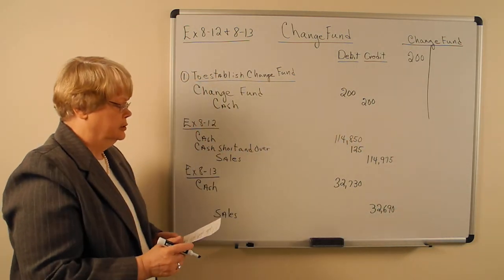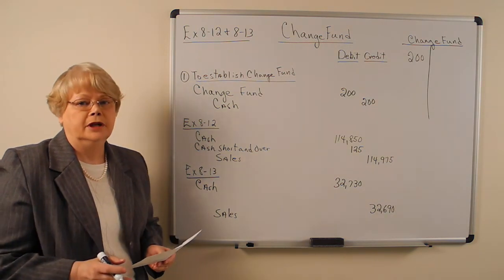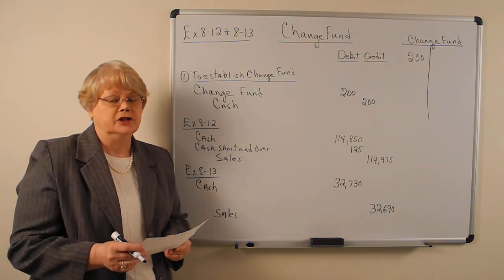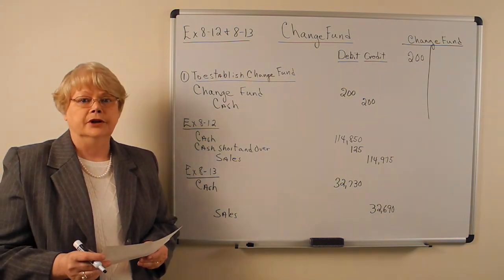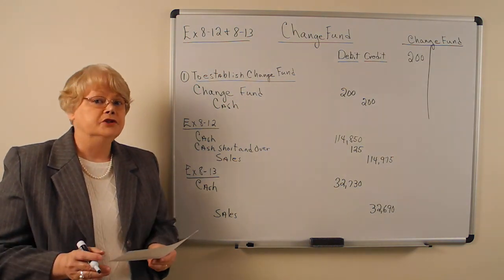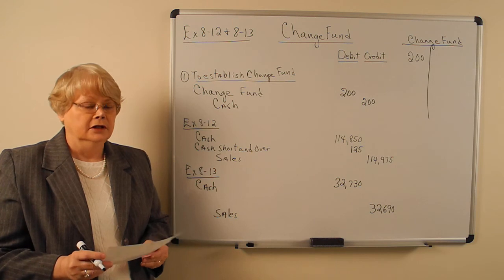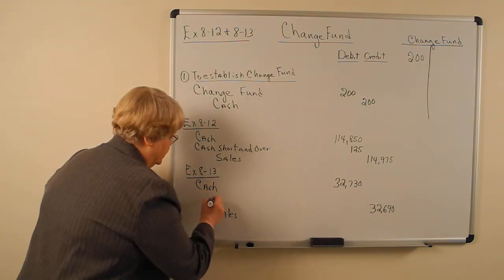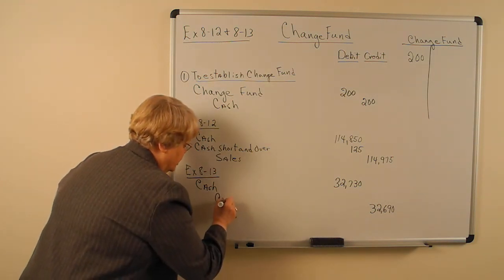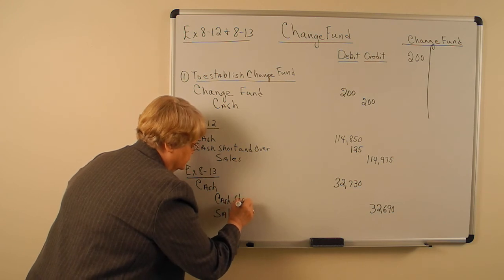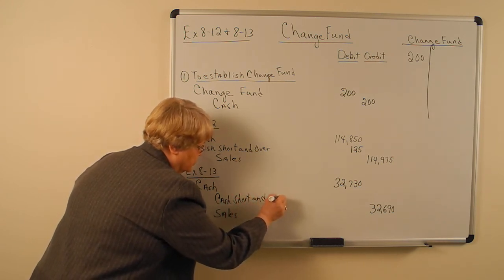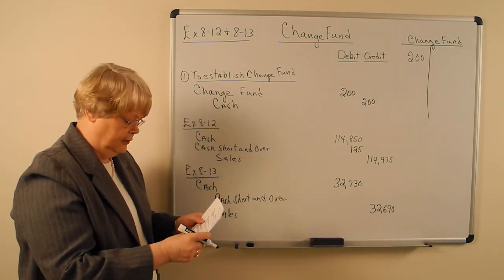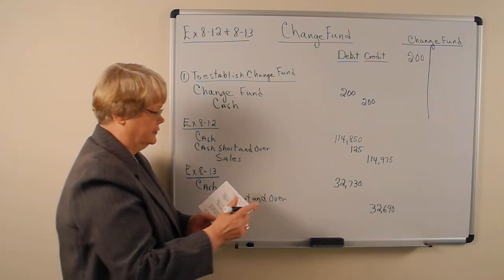Now when we look at our two amounts, we see that we took in more cash than we had sales, so we actually have an overage. We're again going to use the cash short and over account, but if you have an overage, you're going to be crediting that account. So we're going to credit cash short and over for the difference between those two amounts, and that is $40.